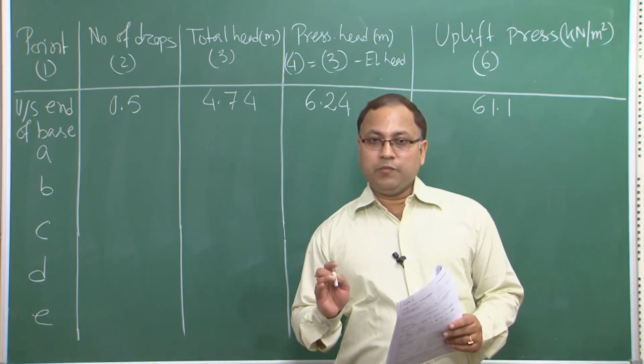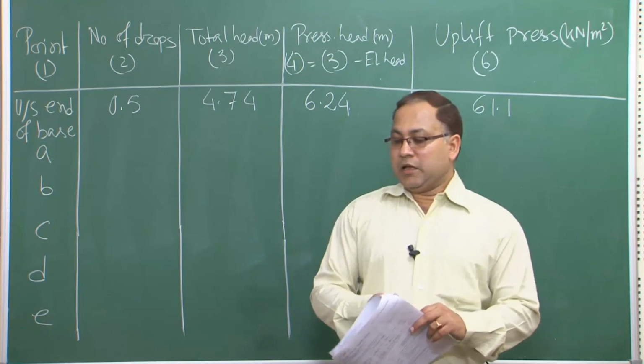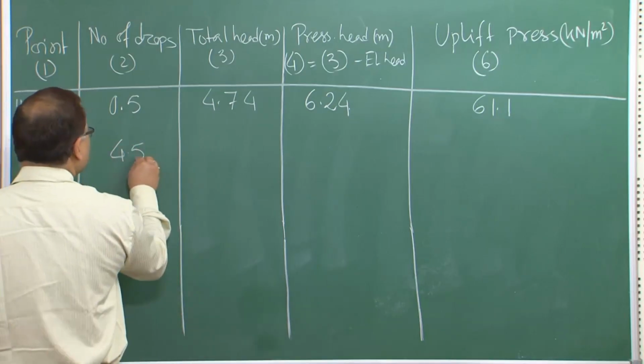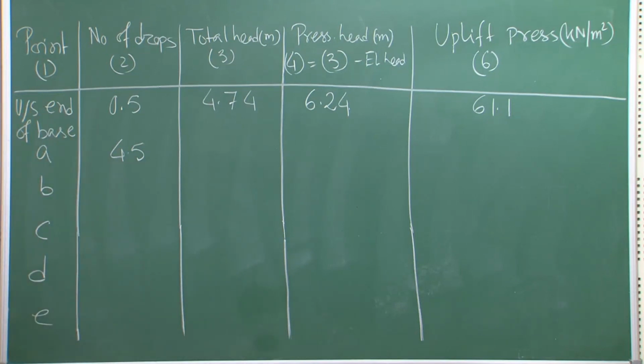If you look at point A, it is lying somewhere here, right. So, point A is coming in between the number 4 and number 5 equipotential lines, am I right. So, the drop could be approximated as 4.5. These are the things where you have to use your own judgment, right.